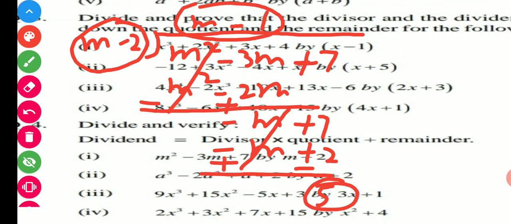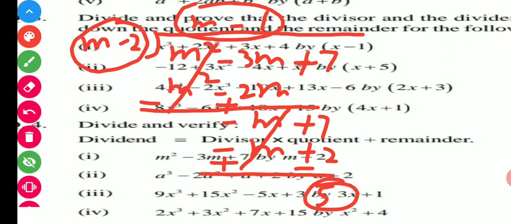So how can we prove this? Dividend is m square minus 3m plus 7. Divisor is m minus 2, quotient is equal to m minus 1, and remainder is equal to 5. Now we want to check.